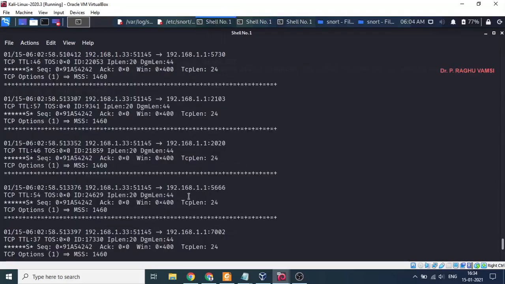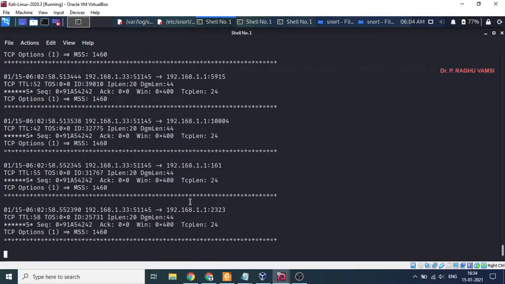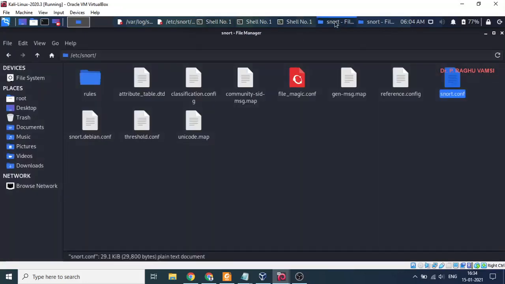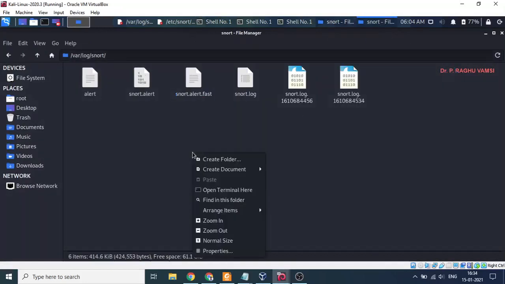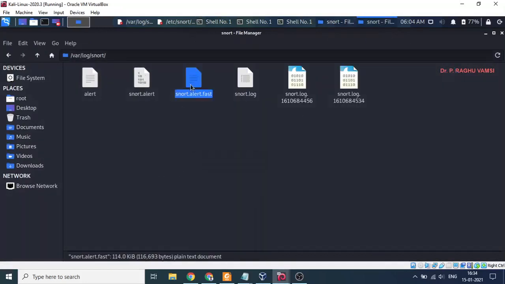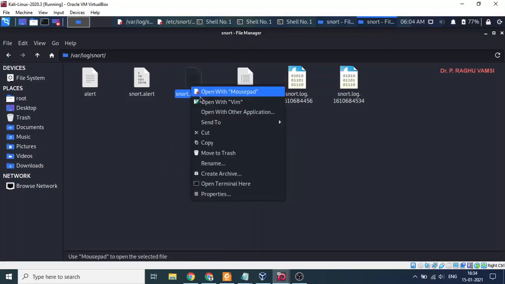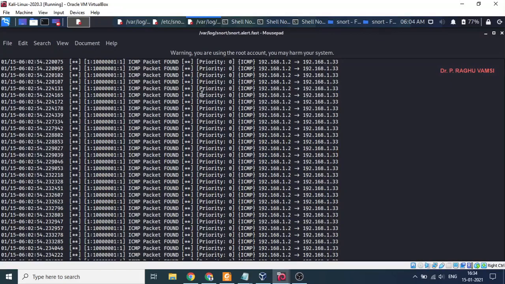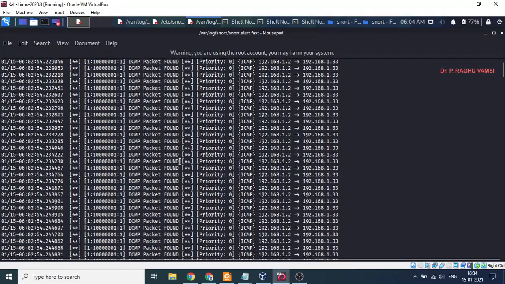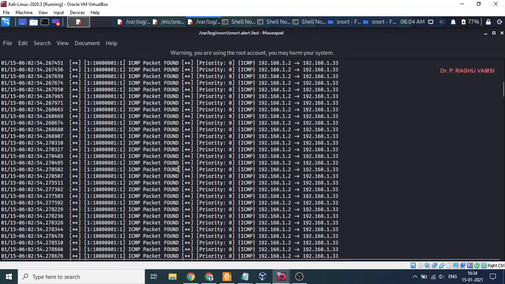So you won't find much information in this. We'll see if anything was recorded in the log. So comparatively, previously some content was recorded. An ICMP packet found.